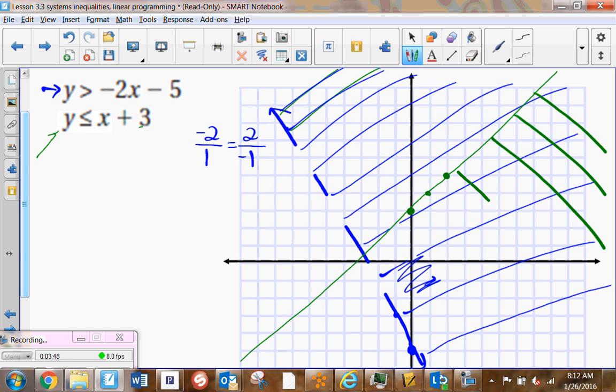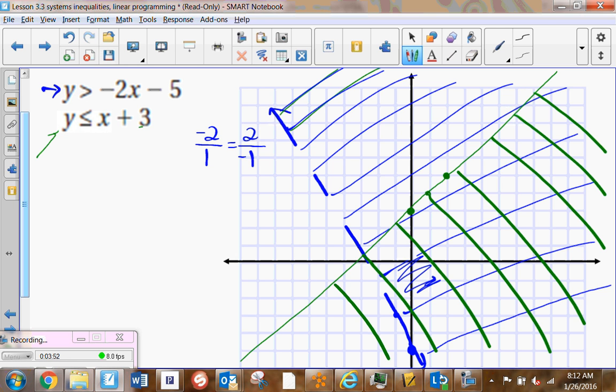When we were doing systems of plain old equations, we looked to see where the two lines intersected. When you're doing systems of inequalities, what are you looking for? Where the shading overlaps. So you have to stand back and say, okay, where is there green and blue?